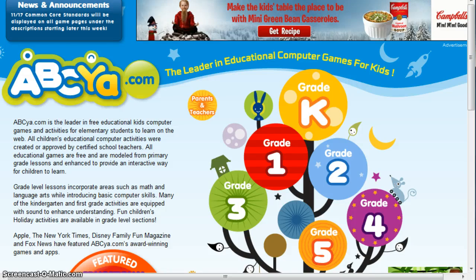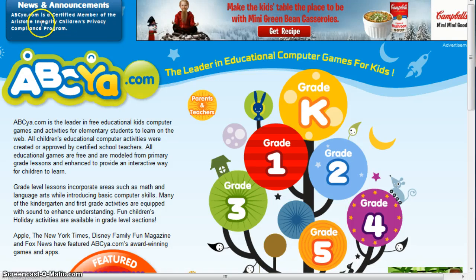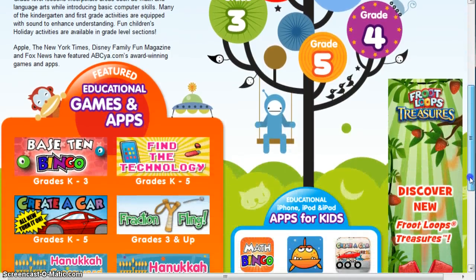So starting with abcya.com, this is a really great site, and you can see it does have a few advertisements at the top, but don't let that deter you. It's broken down by grades, as you can see here. Unfortunately, it doesn't have an obvious search mechanism.